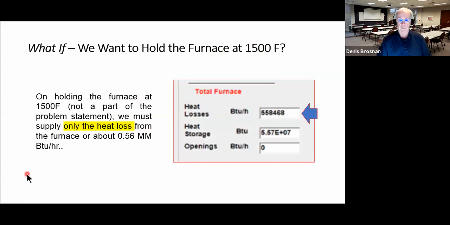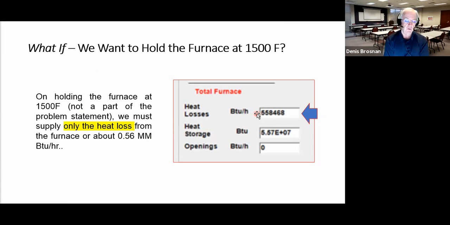Well, we only talked about operating the furnace up to 1500 and shutting it off, which is not a very practical way to do things because it takes time for heat to soak into something that's of larger size. So once you get to the soak condition or the high temperature steady condition where you don't raise the temperature any longer, then we only have to look at the heat loss from the furnace. So if you supply about 0.56 million BTUs per hour at the highest temperature, you're going to hold or soak at 1500 degrees Fahrenheit.